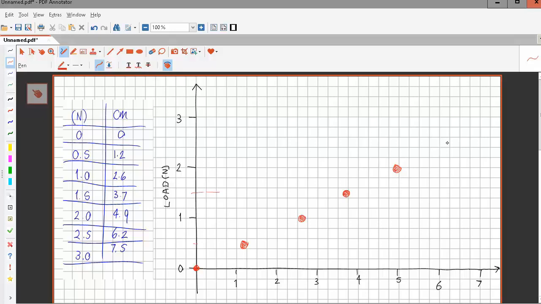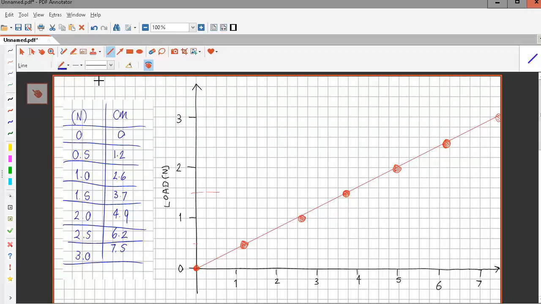There's 6, so 6.2 should be around here. And for 3 newtons, we have an extension of 7.5, which goes pretty much off the edge of the graph there. The next step is to draw a best fit line. So there's my best fit line, and we need to calculate a couple of quantities.